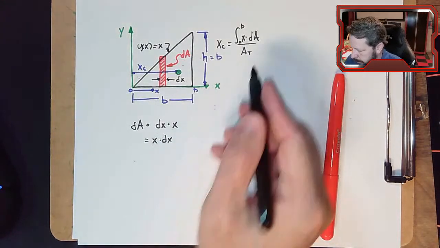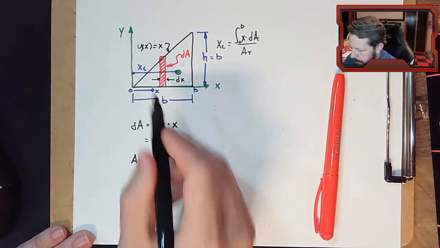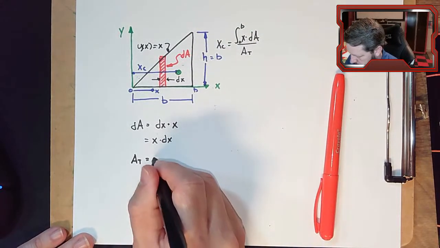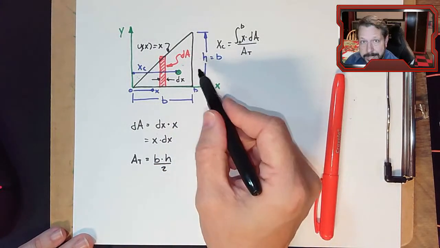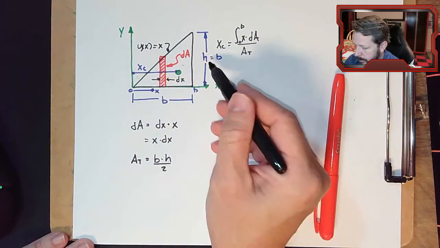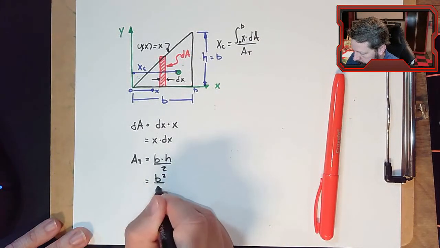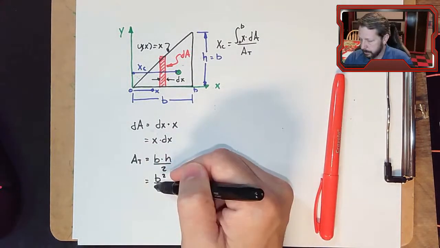The total area is equal to base times height, which I literally have as b times h, over 2 because it's a triangle. In this case, though, for this triangle that I'm working with, h is equal to b, so it's actually b squared over 2, right? So let's take this information and put it into here.